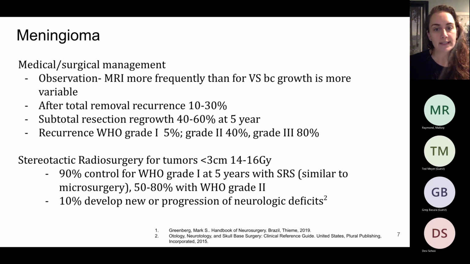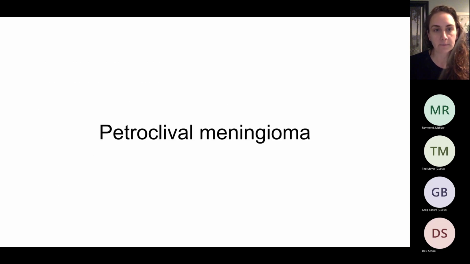For tumors less than 3 centimeters, it's typically a low dose, 14 to 16 gray. 90% control has been quoted for WHO grade 1 at 5 years, 50 to 80% with grade 2, with 10% of those patients, depending on where the lesion is located, developing new or progression of neurologic deficits. We'll talk about why that's a little controversial and some of the newest data on stereotactic radiation a little bit more later.